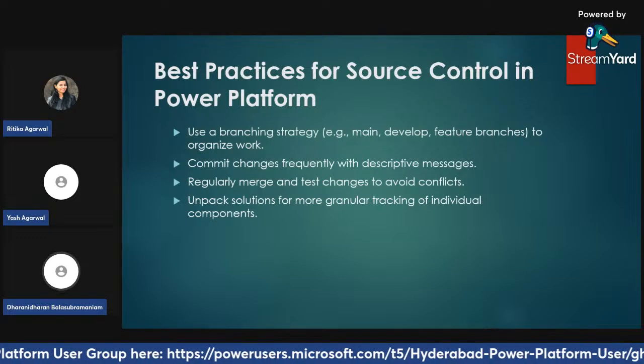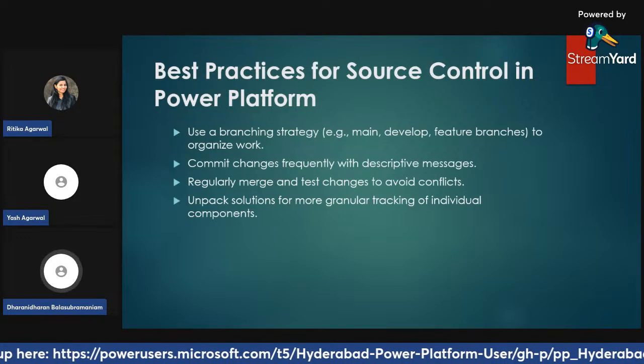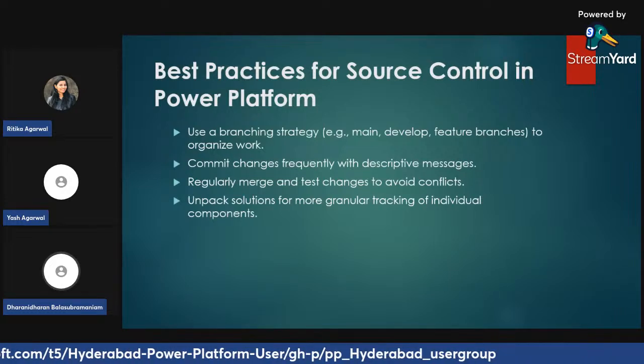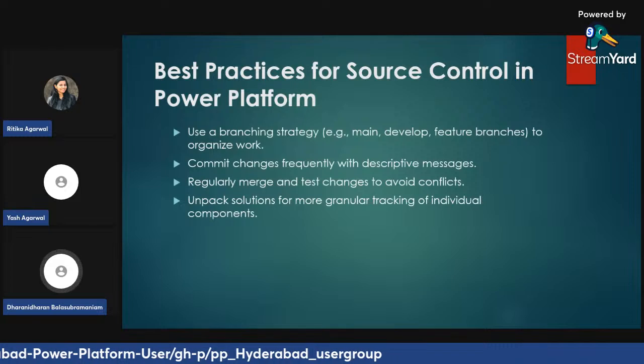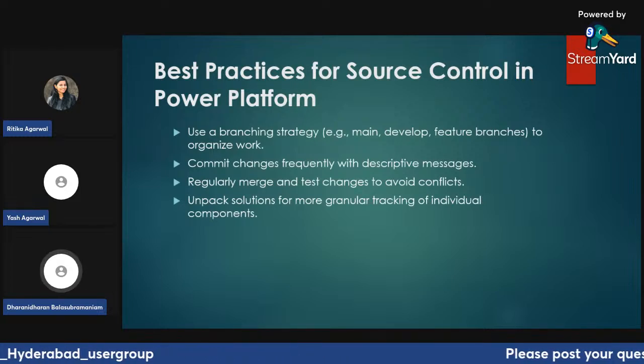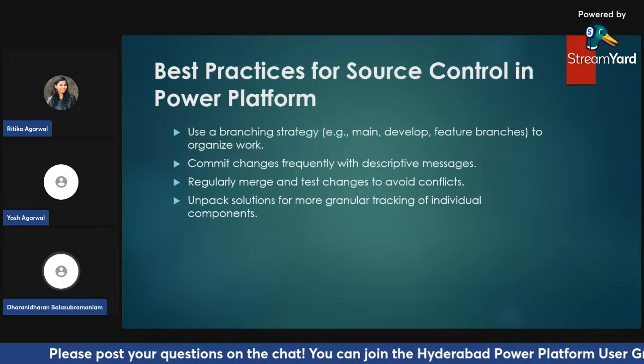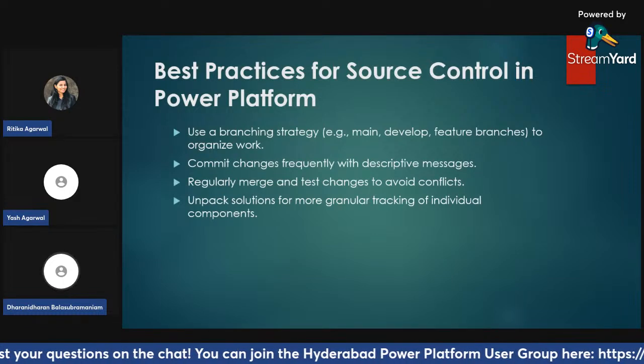By using source control, either with GitHub or Repos, we can enable our team very effectively. Collaboration and version tracking can be done with the help of this, and consistently we can maintain the quality in the Power Platform solution. So this setup will become the backbone for our ALM process, supporting everything from development to production deployment.